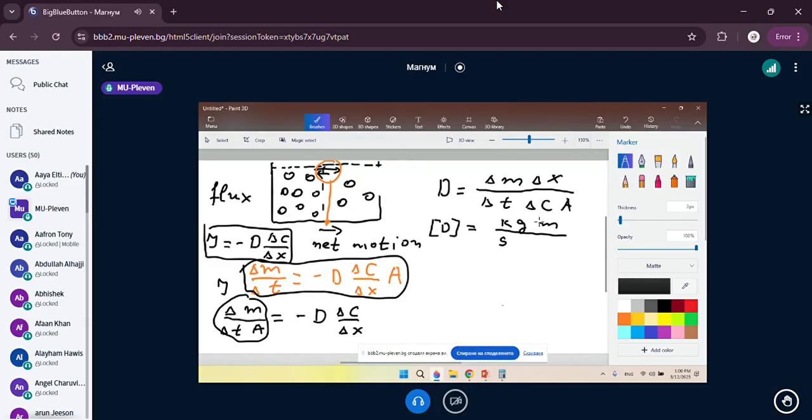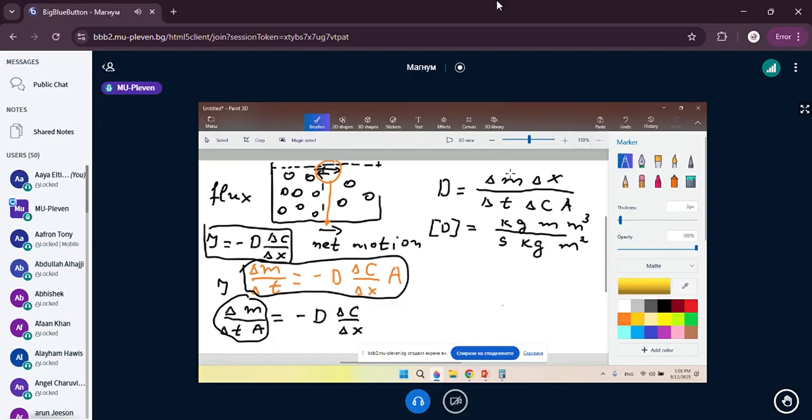For delta C, we've got mass concentration, which is mass per unit volume, analogous to the density of a liquid. So we'll write here kilogram per meter cubed. And area is measured in meters squared.